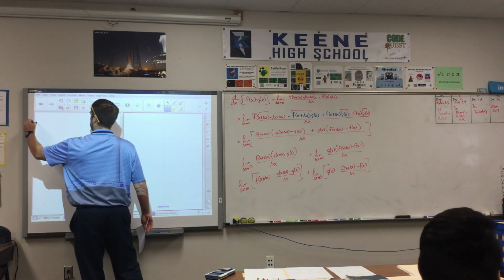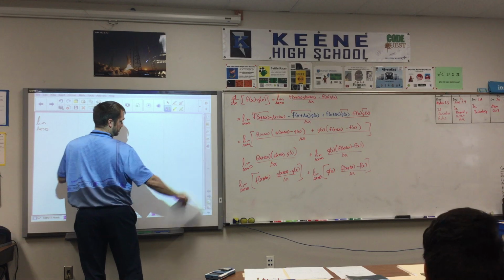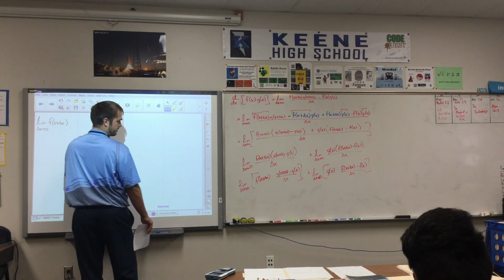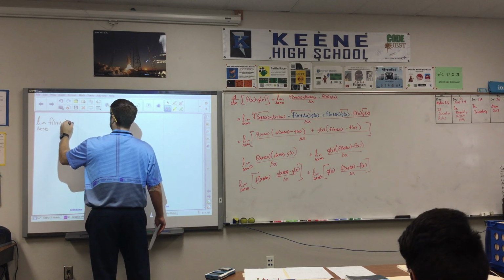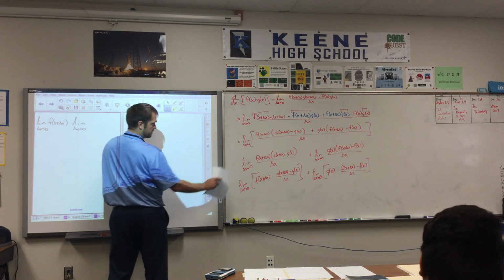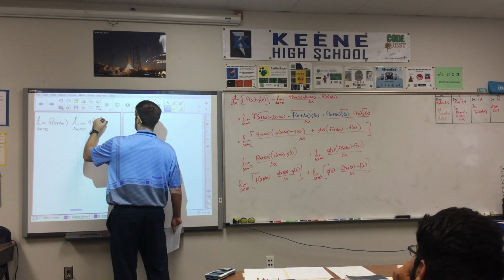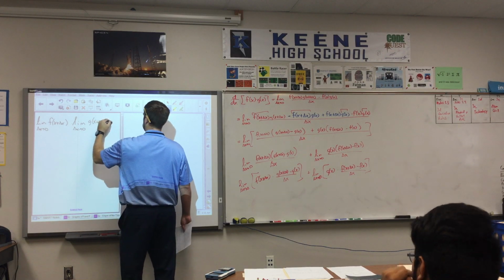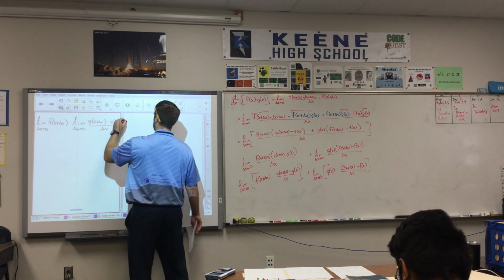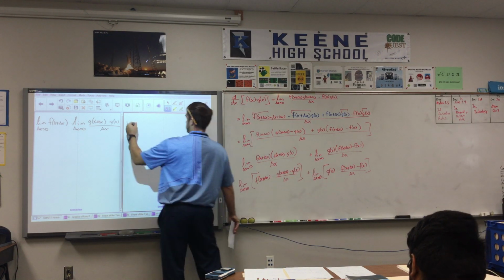So I'll write the limit as delta x approaches 0 of f of x plus delta x times the limit as delta x approaches 0 of g of x plus delta x minus g of x all over delta x, plus the limit of the first thing times the limit of that second thing there.